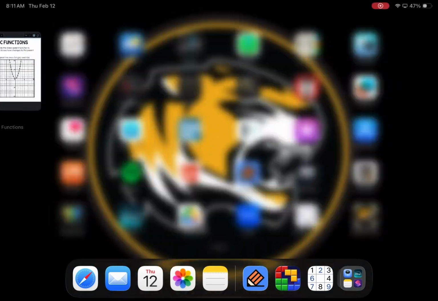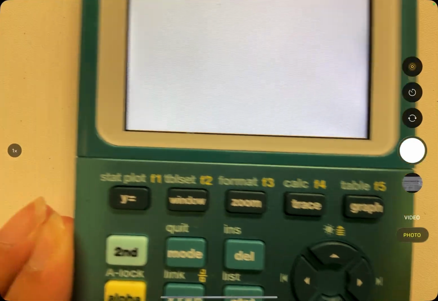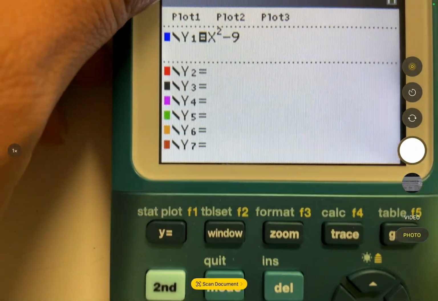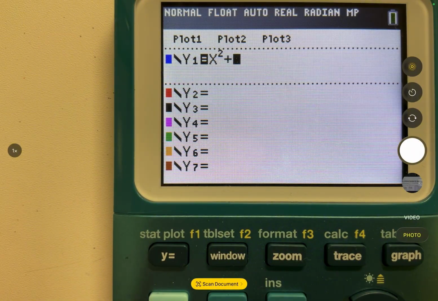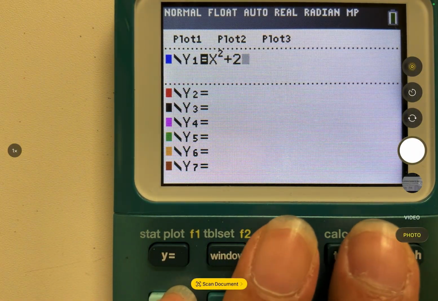Let me go to my camera. So I'm going to go to y equals and put x squared plus 2, and then go to the table.